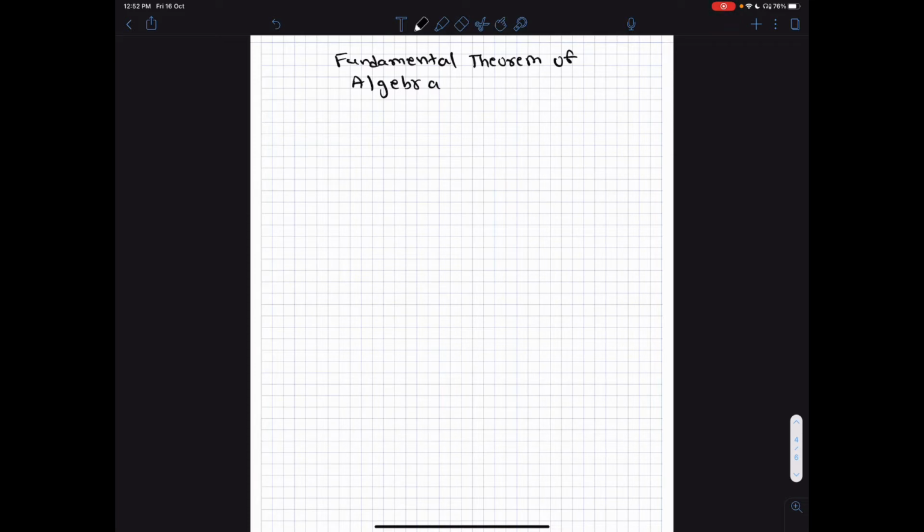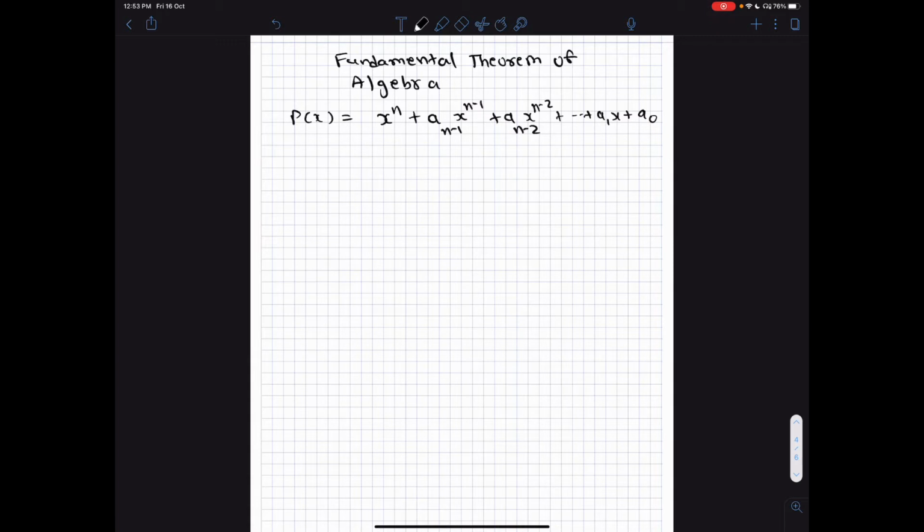It says that if you have an nth degree polynomial, let me take a monic polynomial, with coefficients a_{n-1} x^{n-1}, a_{n-2} x^{n-2}, and so on, up to a_1 x and a_0.